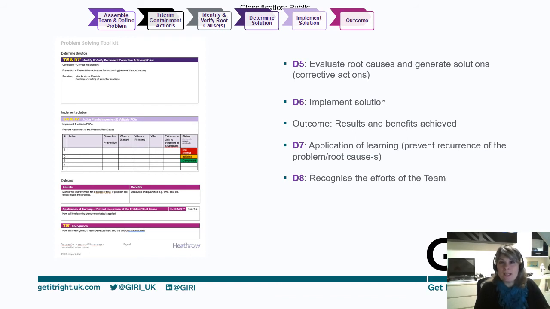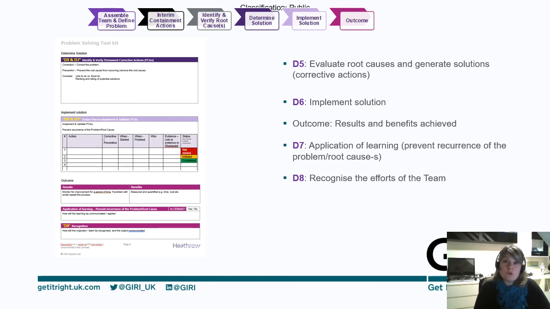You can go back into your is and is not analysis and see whether the root cause gives you a clear understanding of why the problem has happened in the is column and why it hasn't happened in the is not column. This is where you can test your root cause and make sure that it is the appropriate root cause.